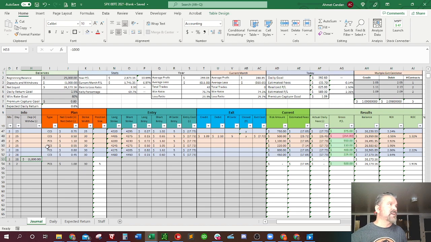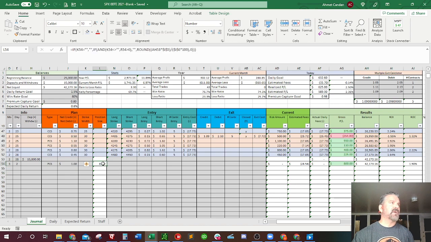So if I were to deposit $10,000, or let's say 15,000, now you'll notice that it's suggesting that you sell 8 contracts in your spread. And again, the reason is because now it'll take 8 contracts for 80-cent premium capture net to equal 1.5% of that new higher balance. That's how that works, right? That's an important thing to understand.